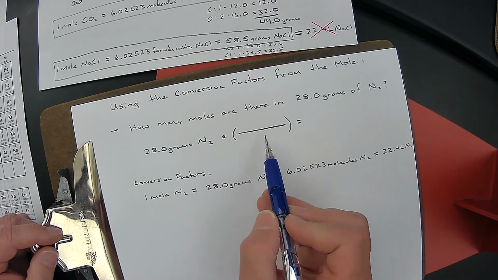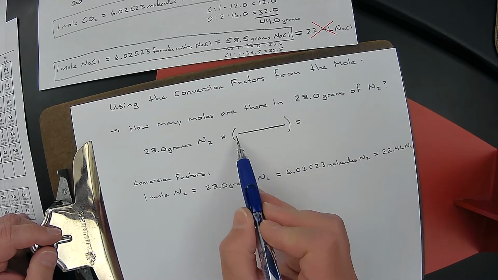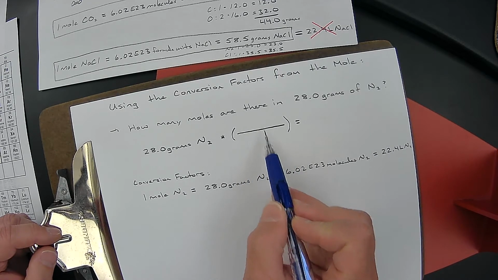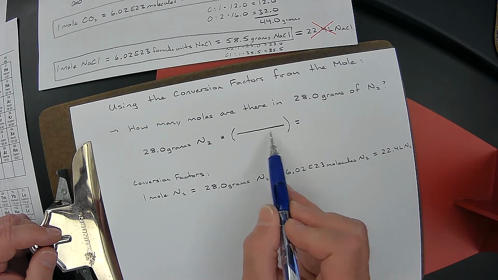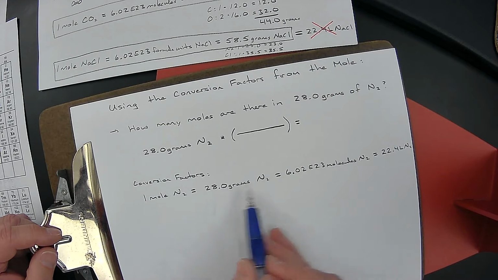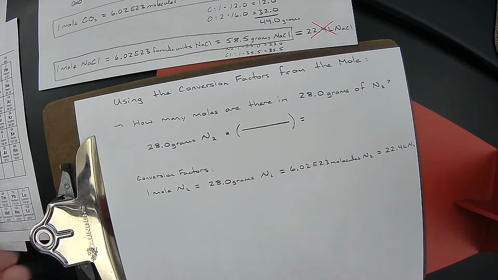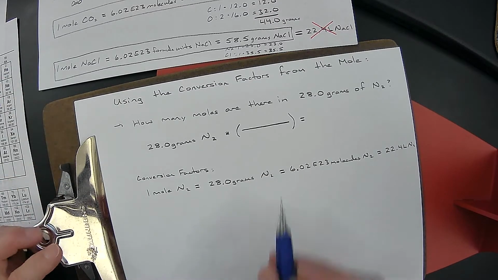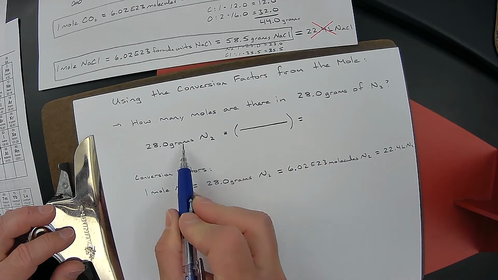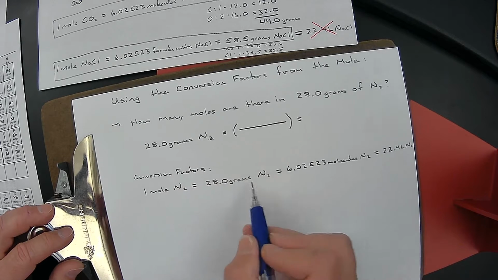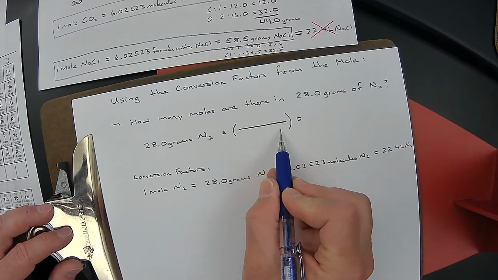Always. You're going to make a conversion factor, which is just a fraction, and there's going to be 1 of these that goes to the bottom of the fraction, and 1 of these that goes to the top of the fraction. We will always put the bottom in first because whatever units you have right here, you're going to match the units up down here.